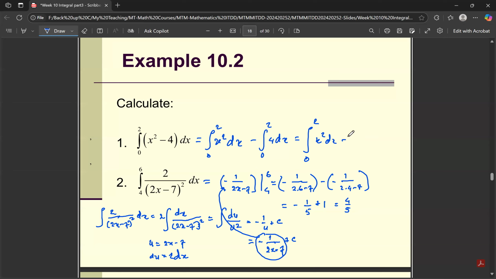x squared, this is the integral of 4 dx from 0 to 2. I make it at the top. This will be 1 over 3 x cubed minus 4x, and we evaluate them from 0 to 2.